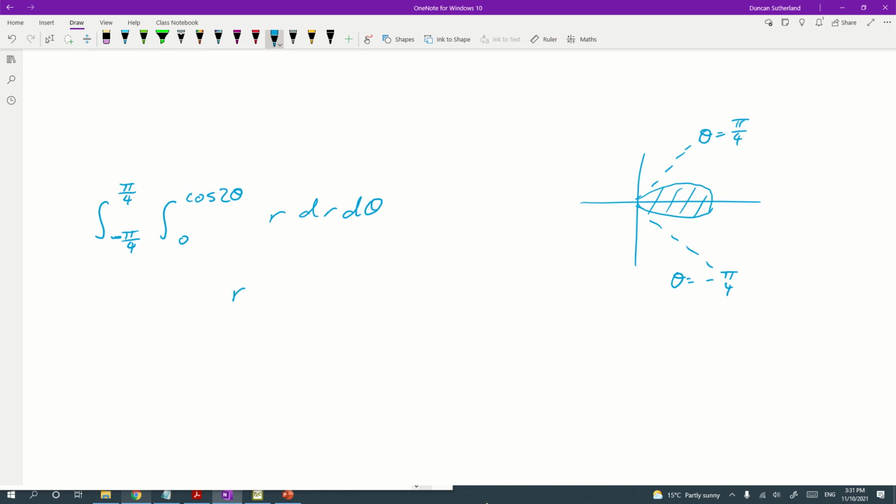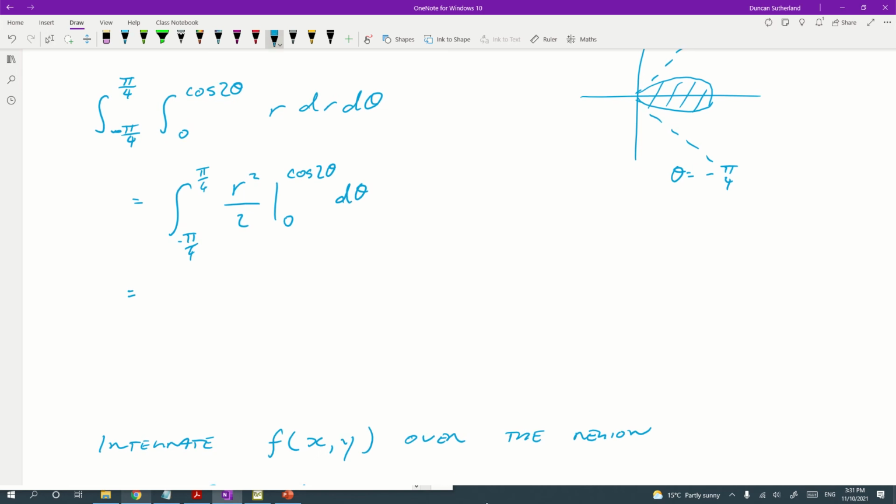We just start doing our integral. So r goes to r squared on 2 between 0 and cos 2 theta. We haven't done the theta integral yet, so it's still like so. So this is going to become the integral of cos squared 2 theta on 2 d theta.